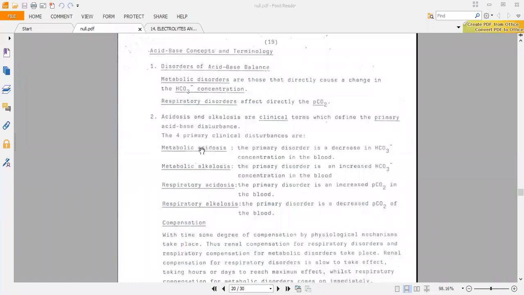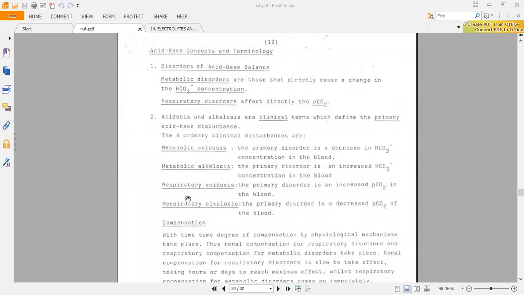Because we said metabolic has to do with bicarbonate, okay? And we know bicarbonate is a base. So to get a metabolic acidosis, that means that your bicarbonate levels must be reduced. So something is causing the bicarbonate levels to reduce. If you have metabolic alkalosis, it means that something is causing your bicarbonate concentrations to increase.